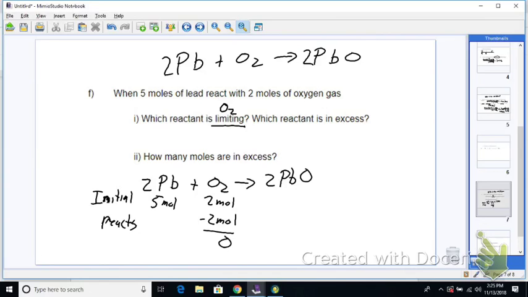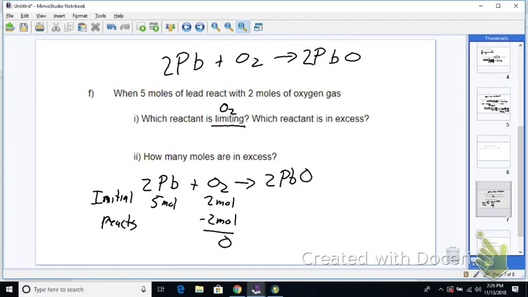Basically with your prediction, you're saying, I think oxygen's going to run out first, so I subtract it, and if I don't have any left over, that means it ran out. Does that make sense? Now, if I thought lead was going to run out, what would I subtract over here? 5. And sometimes if you pick the right one, it makes the problem really easy.